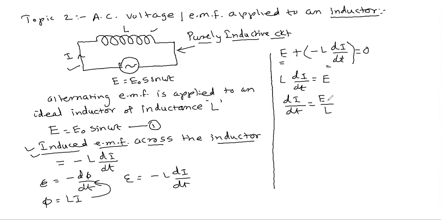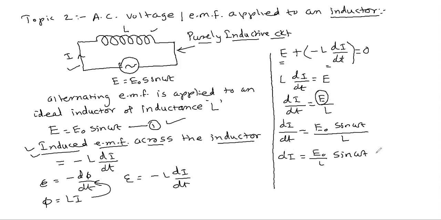Now this equation number 1 I will use here. So di by dt is equal to E naught sine of omega t upon L, or I can write di is equal to E naught upon L sine of omega t dt.